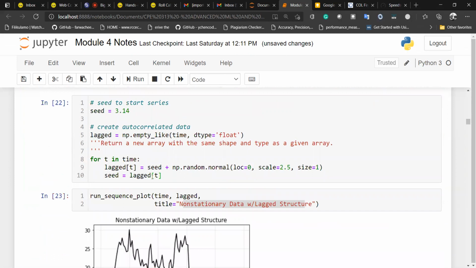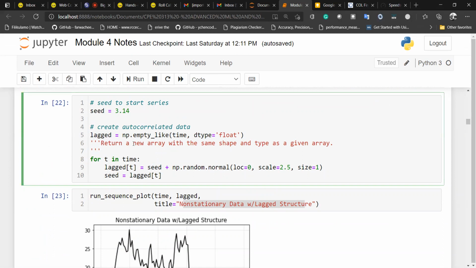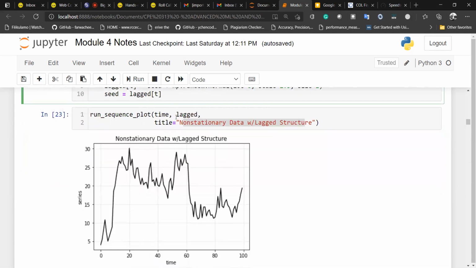Okay, and from here you will see some explanation also, that this code empty like returns a new array with the same shape and type as a given array. So when we try to run this one, it will give you a sequence plot similar to this, which is an example of non-stationary data with lag structure.